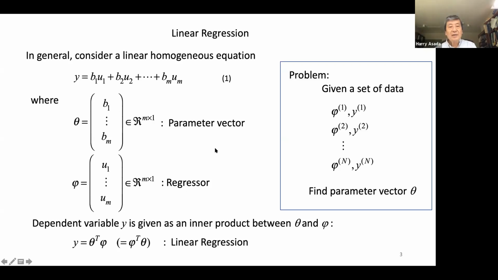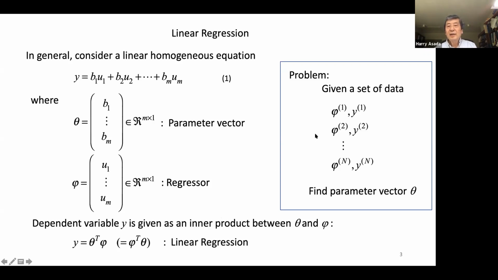And it turns out that this expression can be viewed as an inner product between these two vectors, theta and phi. So you can write it, theta transpose phi, and that is to take the inner product of these two vectors, or equally, we can write it as phi transpose theta. We call this a linear regression.